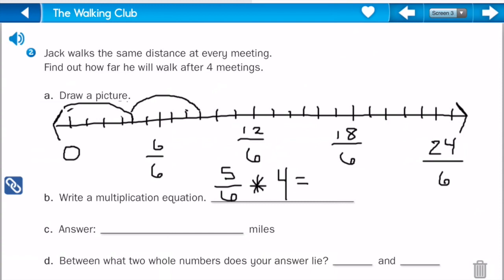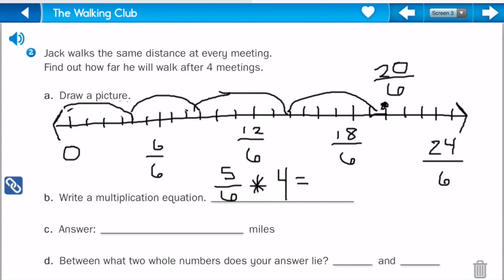Then we'll do another 5/6. And then we'll do another 5/6. Okay, so now we count over 18, 19, 20. So we're right here. So we have 20 over 6.